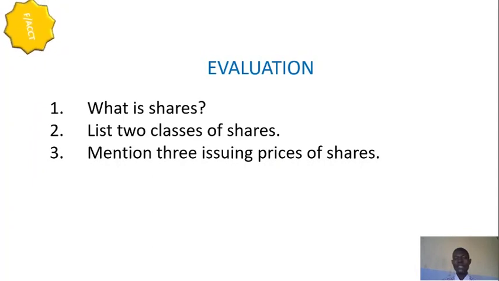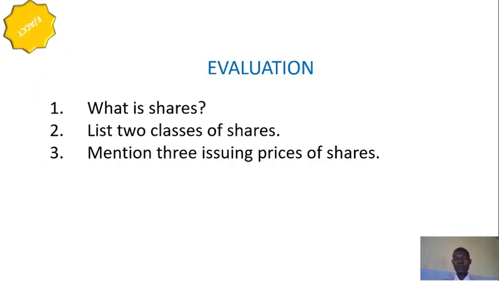These are the three issuing prices of shares. And we noted that shares issued at par occurs when the nominal value is equal to the issuing value. E.g., ABC Limited issued 5,000 units of 1 naira each at 1 naira. So it was issued at par.